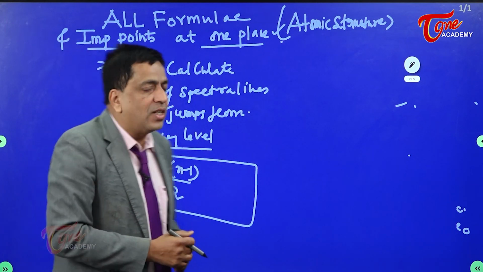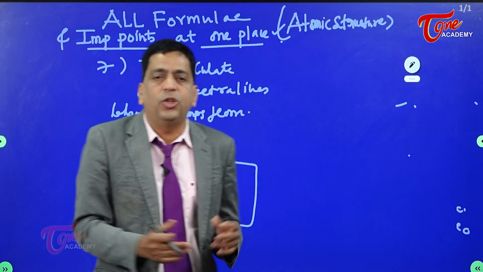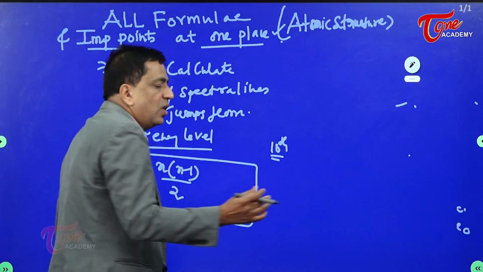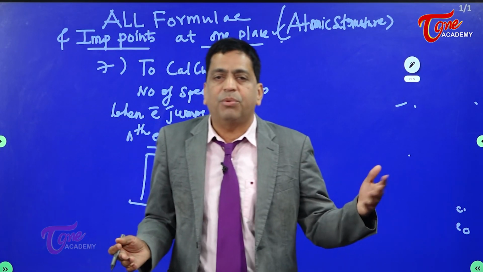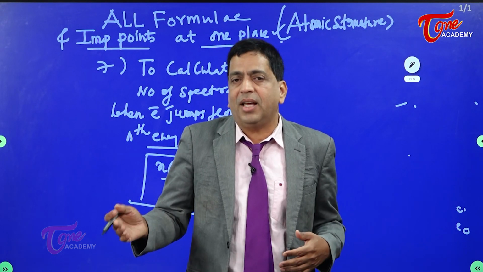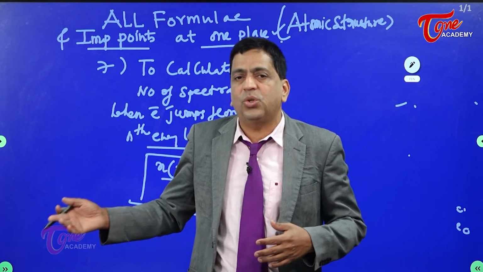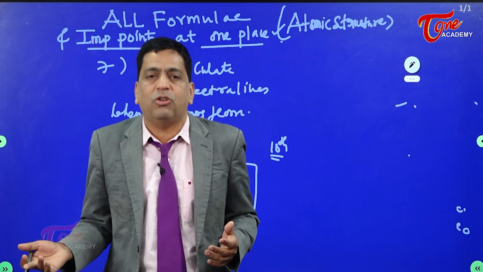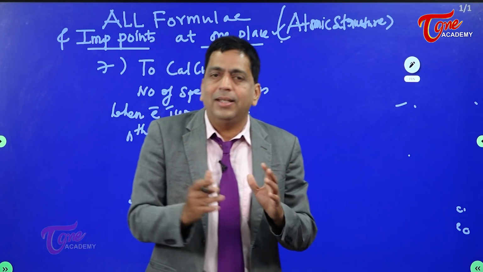Suppose it has gone to the 10th energy level and it's coming down. It doesn't matter to which energy level; it can jump to 9, or to 8, or to 1 or 2. Each jump will give you a line in the spectrum. So how many lines can be produced?